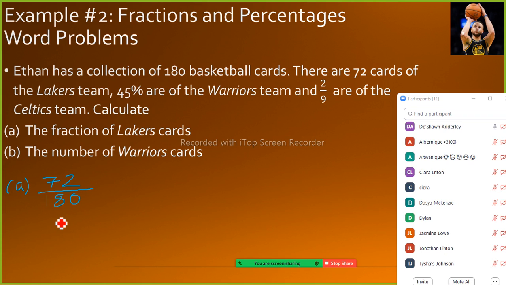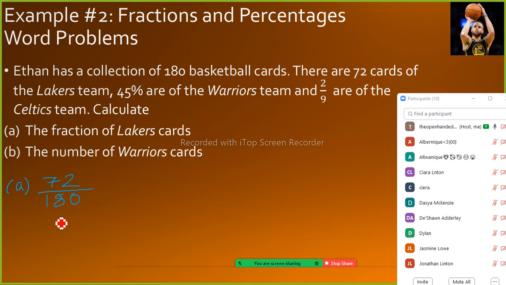What number could go into 72 and 180? I'm going to have to calculate now. Okay, Miss Johnson, is it two? Two could work, but you'll have to continue doing it again. Miss Johnson, can you answer?